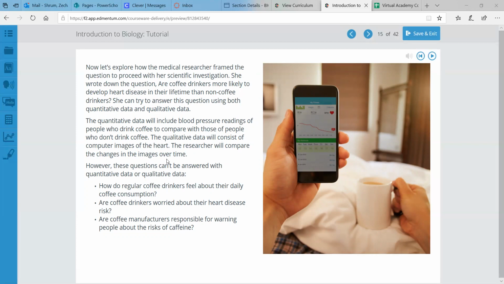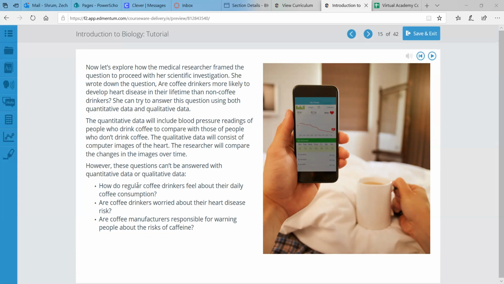So what's the quantitative data? Well, you can measure the blood pressure, and that's quantitative. The qualitative data will consist of images. So they're going to take pictures of their hearts. And then if you notice a change over time, even though you can't measure it, but you can see the difference, that counts as data.